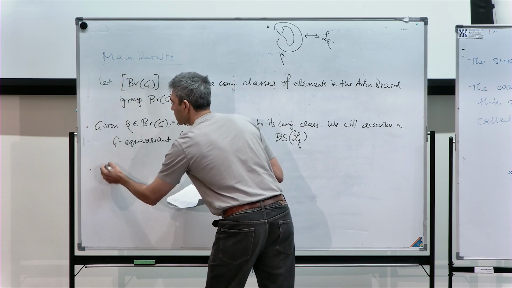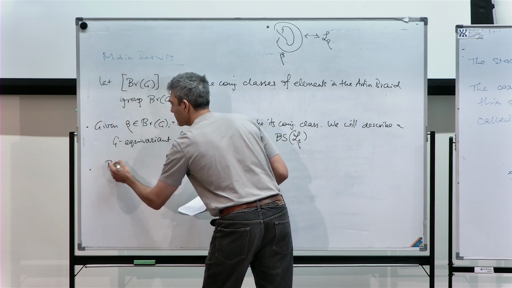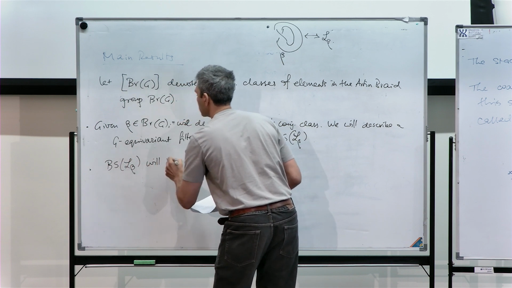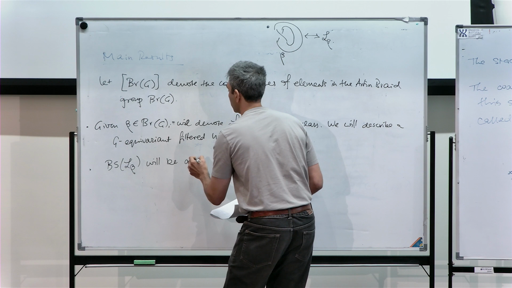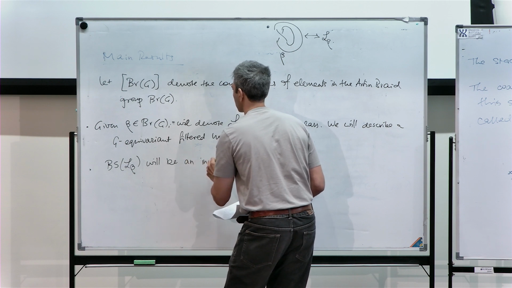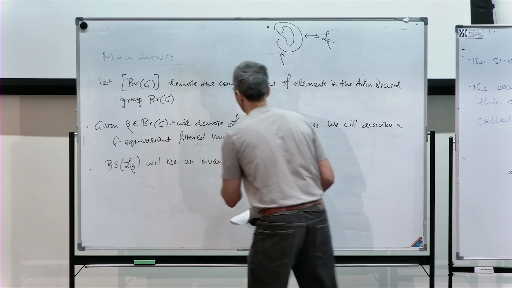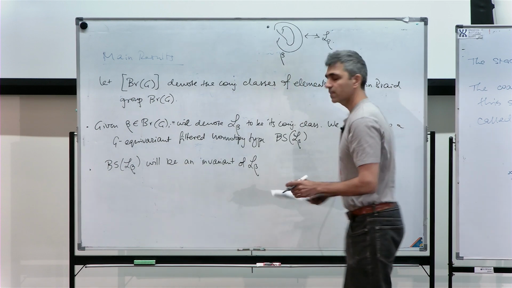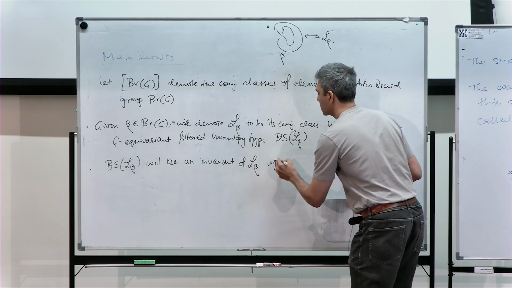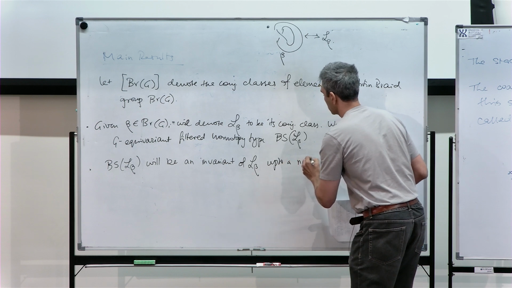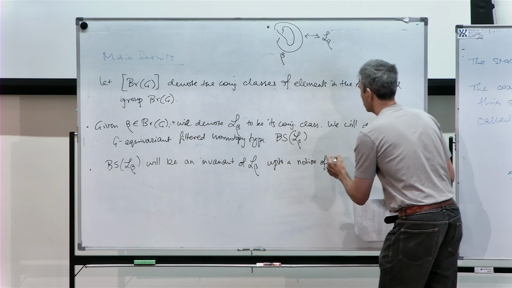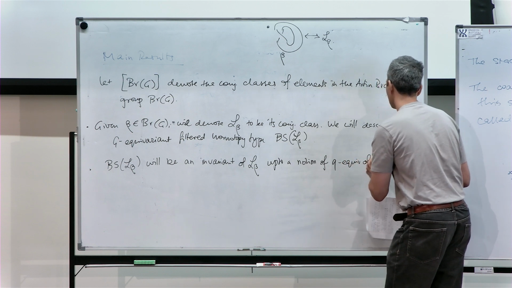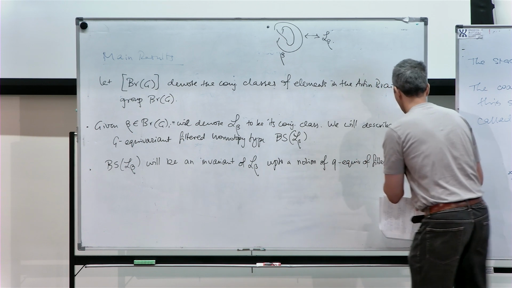So BS of L of beta will be an invariant of L of beta. So it'll only depend on its conjugacy class up to a notion of quasi-equivalence of filtered spectra.